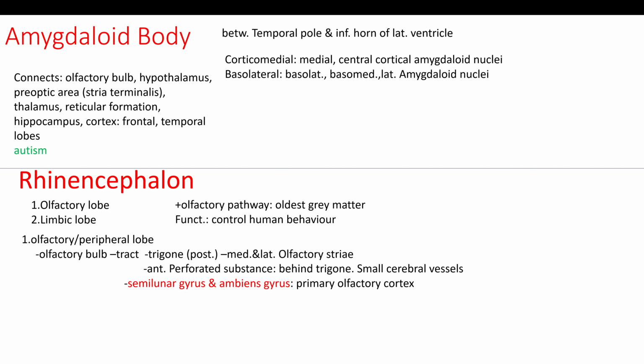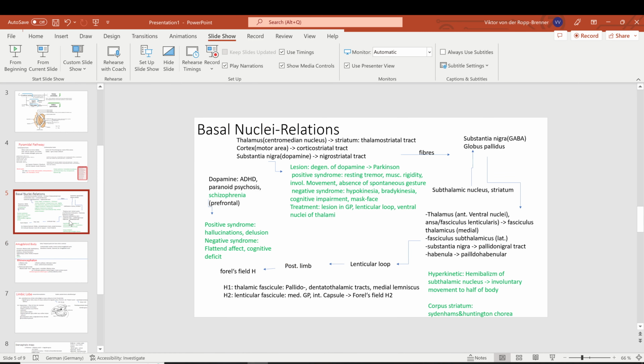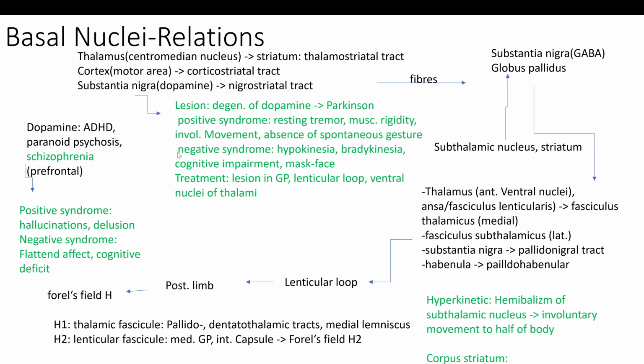The globus pallidus gets fibers from the striatum and subthalamic nucleus, sending fibers to the thalamus and ventral nuclei, forming ansa lenticularis and fasciculus lenticularis, which gives fasciculus thalamicus, medial part of the GP, and the subthalamic nucleus forms fasciculus subthalamicus.